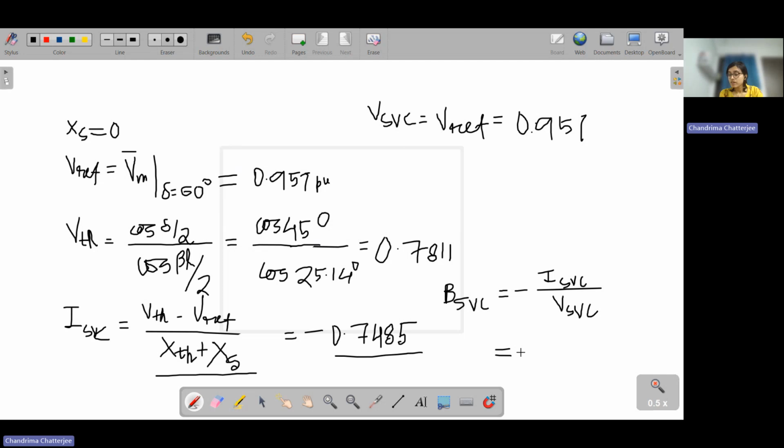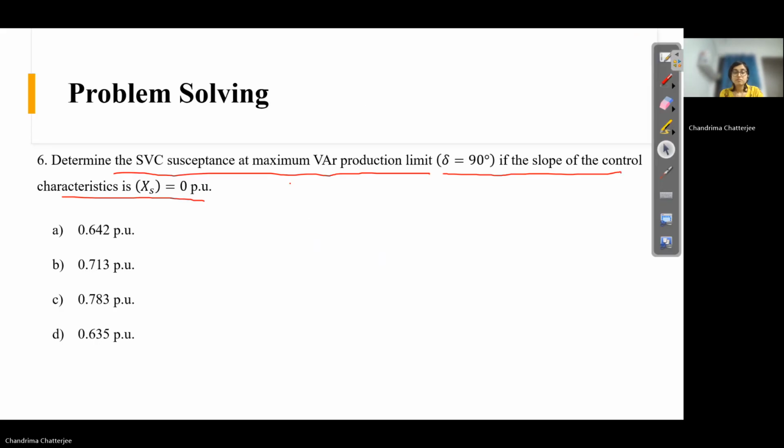So BSVC value is 0.782 per unit. Option C is correct.